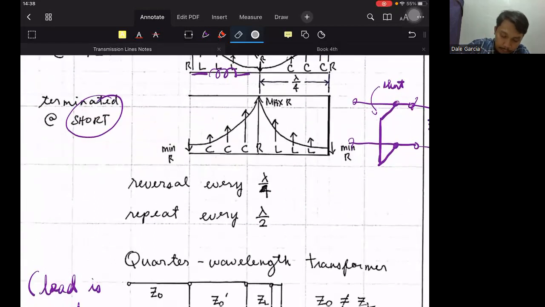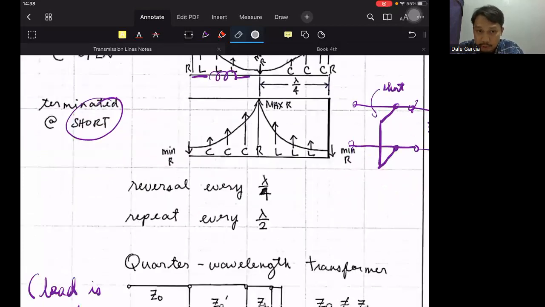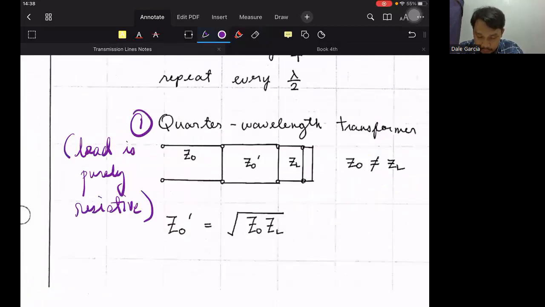So again, the first way to match loads is to use a quarter wavelength transformer. So what is a quarter wavelength transformer? Unlike a stub, which you place in parallel with the load and the line, a quarter wavelength transformer is inserted in between the line and the load.